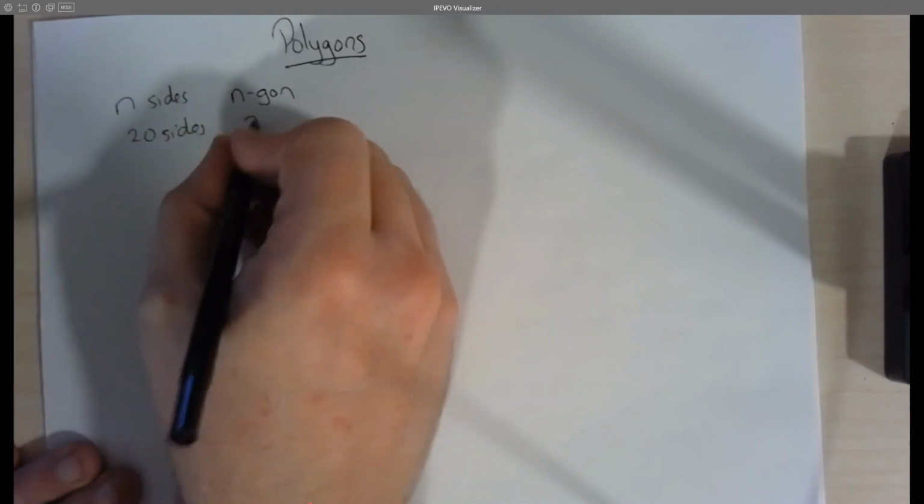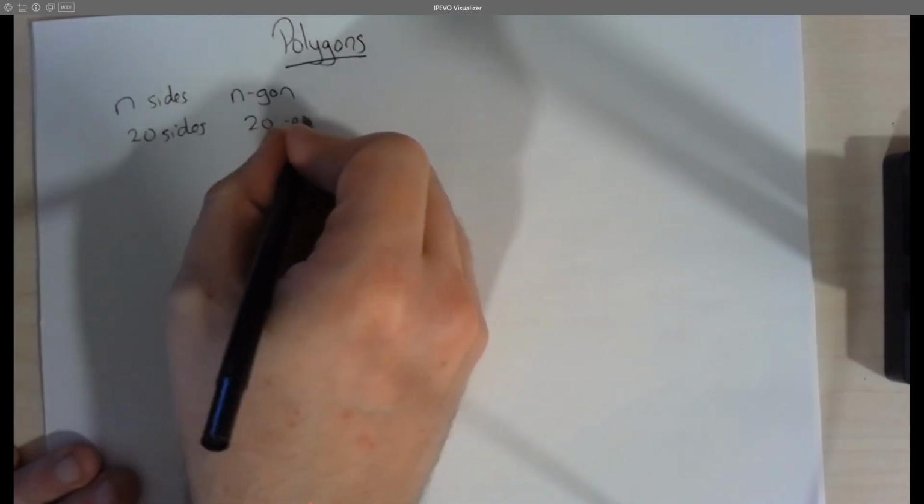So in other words, 20 sides we would say is a 20-gon shape. There are some that have unique names to them. So for example, a 5-sided shape would be called a pentagon. A 10 would be called a decagon. 8 would be called an octagon. But once we get beyond that, or once we get to some of the stranger numbers, then we just call them their number and then gon after that.